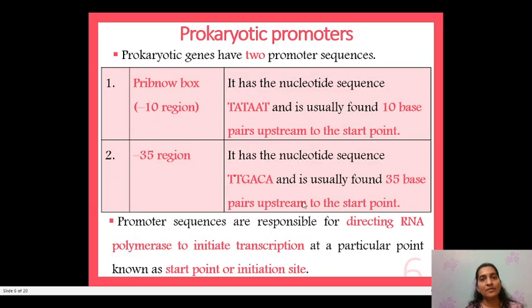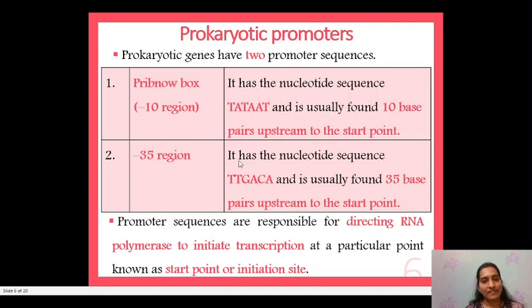The promoter sequences present in the prokaryotes have two different regions. One is the Pribnow box or -10 region, the other one is the -35 region. The -10 region is located 10 base pairs upstream to the start point.